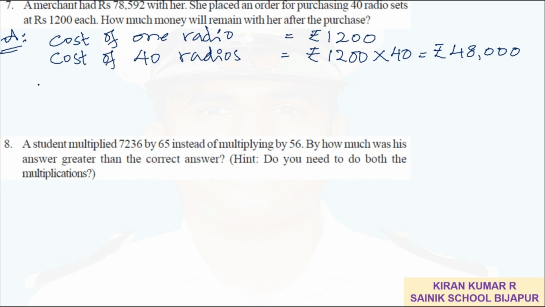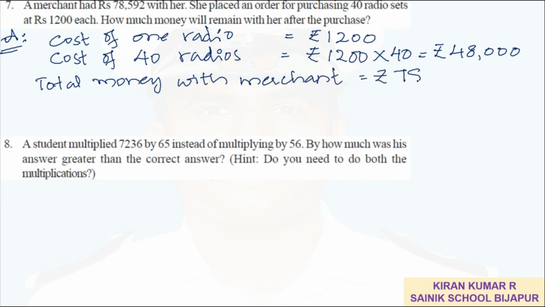They have given the total money she was having. So total money with merchant is rupees 78,592. Now she has purchased the radios, 40 radios. So the money spent by her will be rupees 48,000.